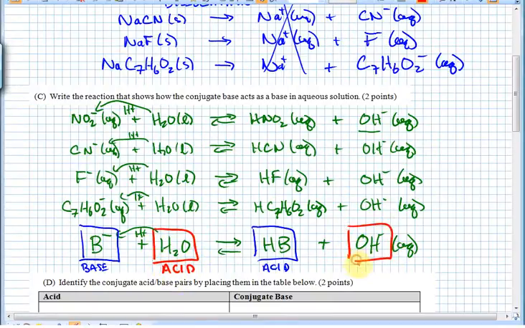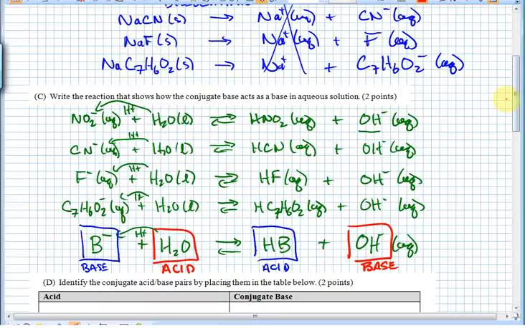Here is the conjugate base. So there's the general description of acid and conjugate base. Notice the base and conjugate acid, and the acid and conjugate base, are on opposite sides of the reaction and only differ by a hydrogen ion. The acid HB has the hydrogen ion, the base B minus does not. The acid H2O has the hydrogen ion, the base OH minus does not.